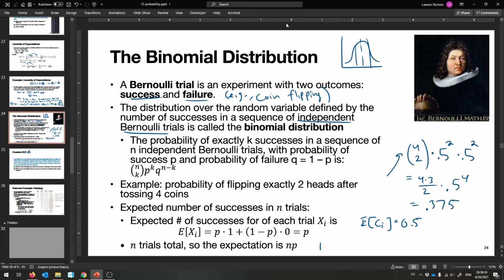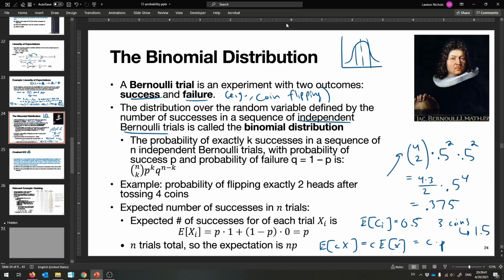That's just the expected value of c times this original random variable X. Oh man, that's just c times E of X, which for Bernoulli trials is just p. That's c times p. So if we want to flip 3 coins, what's the expected number of heads we should see if we define heads as success? Well, it's just 0.5 times 3.